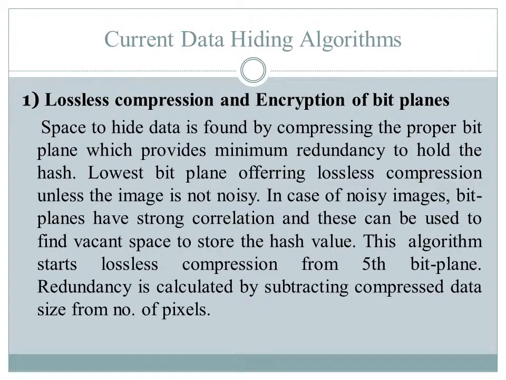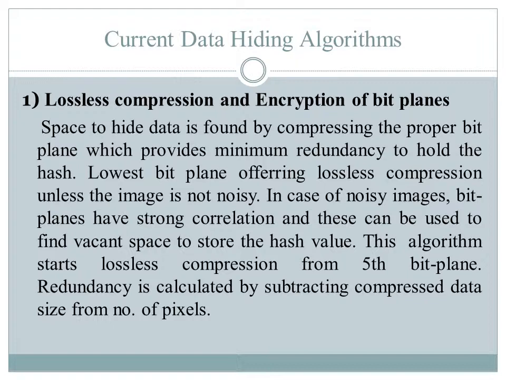Now we have some current data hiding algorithms. The very first algorithm is lossless compression and encryption of bit planes. Space to hide the data is found by compressing the proper bit plane, which provides minimum redundancy to hold the hash. The lowest bit plane offers lossless compression unless the image is noisy.